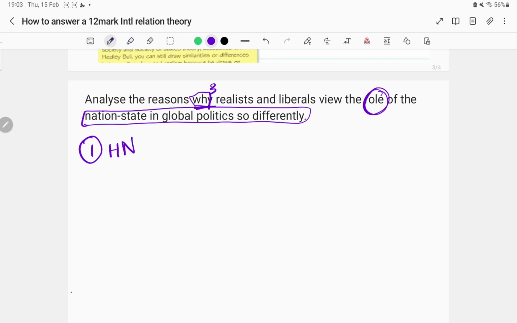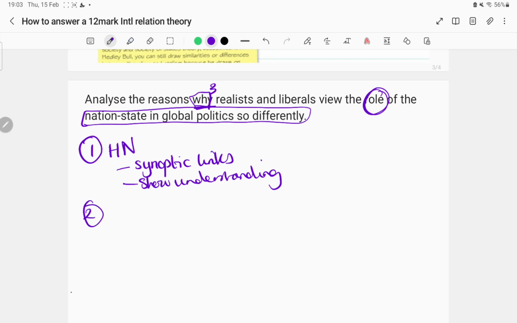If we use human nature as our first point, it just sets us up for a way to first of all get lots of the synoptic links out of the way, but also to show your understanding. And I won't repeat the points because they're going to be very similar.